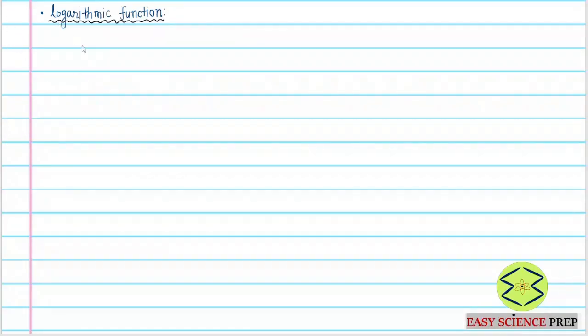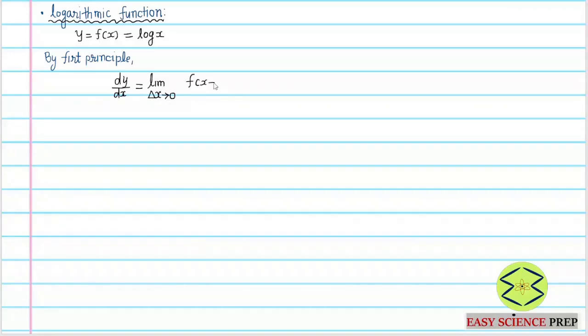As an example, we can take y equal to f of x, and that is equal to log of x. So basically it is the natural log of x. By first principle, the derivative is given as limit delta x tends to 0 of f of x plus delta x minus f of x, divided by delta x, where delta x is a small increment in x, which is the definition of differentiation.